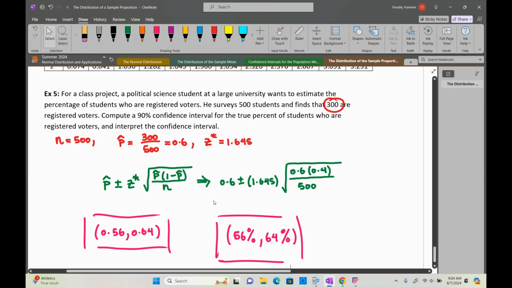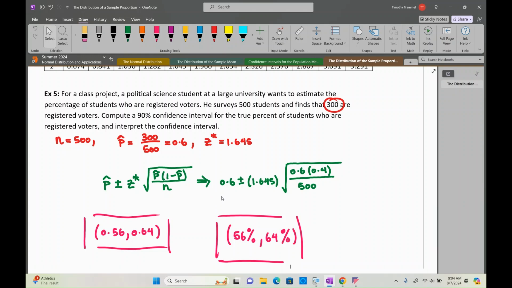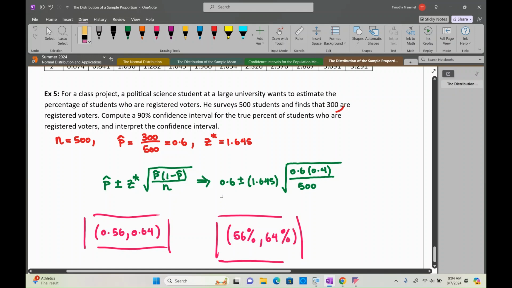Or the short way of saying this is that we are 90% confident that the true percentage of registered voters is between 56% and 64%. But again, we may have one of the lucky 90% of confidence intervals where this is true, but we may have one of the unlucky 10% where this is not true. And so that wraps up the distribution of the sample proportion.